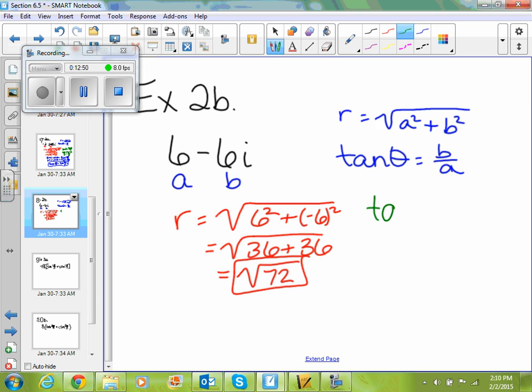Then I know that tangent of theta is equal to b, which is negative 6, over a, which is positive 6. So if I simplify that, tangent of theta is equal to negative 1.